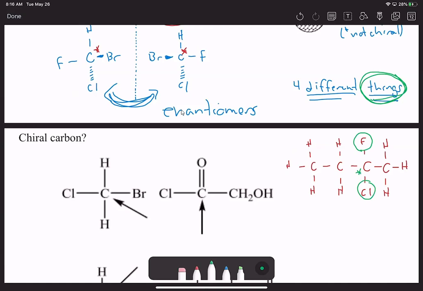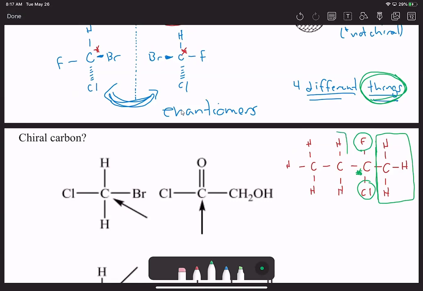Now, I really stress this: I don't look at the elements, because if I only looked at elements, well, I have carbon and I have carbon, and those are the same. But that's not how we look at it when we're looking at chirality. We look at this entire thing attached to that carbon. This thing here is attached to this carbon, and that thing has a name, and that's a methyl group.